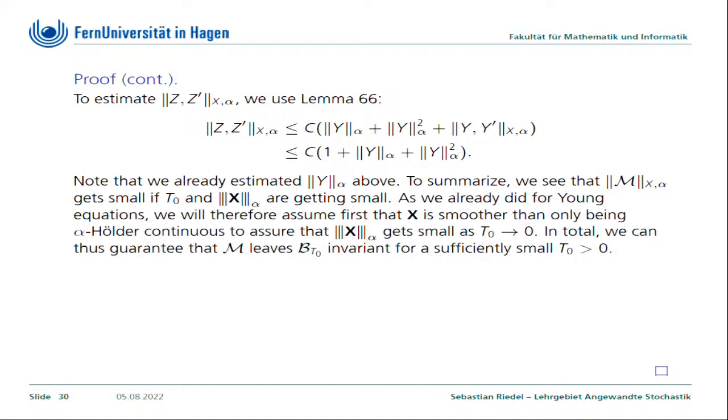And to achieve that, exactly as before, we first assume that X is a bit smoother than only being alpha Hölder, so that this norm here on 0 to T0 really gets small as T0 goes to 0. So in total, we can guarantee that the norm here is smaller than 1. In other words, this M here leaves the unit ball invariant for sufficiently small T0.